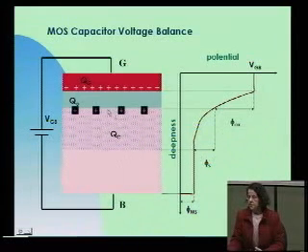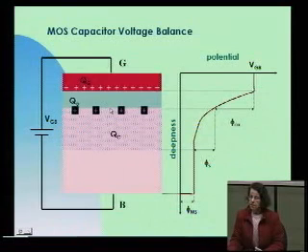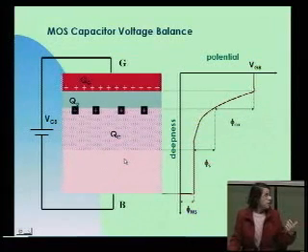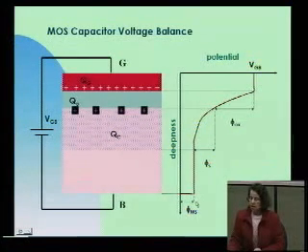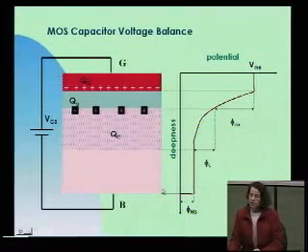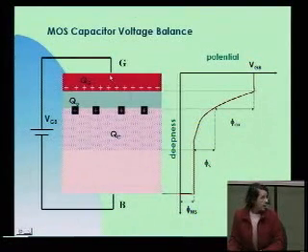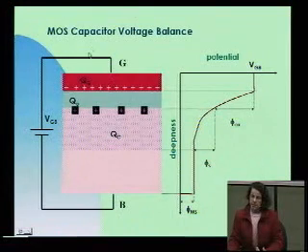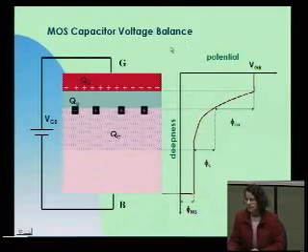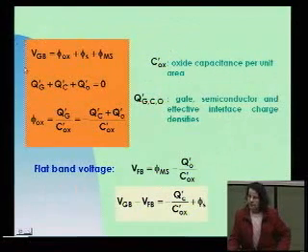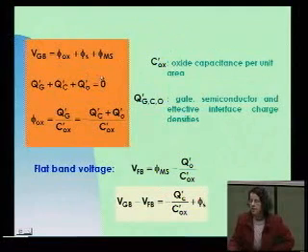This is the surface potential, the potential that you measure at the interface between the semiconductor and the insulator, referred to a point in the substrate, the bulk, where we have no more charge. And finally, we have this voltage here, which accounts for the contact potentials between the different materials along the structure. Okay? And then our voltage balance is given by this equation.